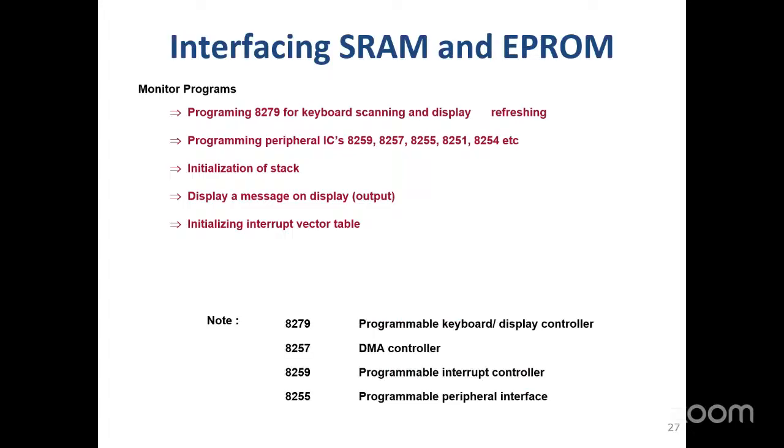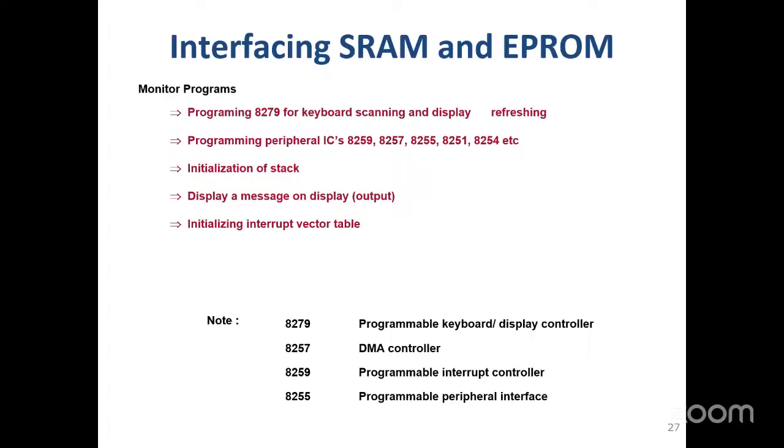This is not required. Now we will discuss the interfacing devices: programmable read-only memory, DMA controller, programmable interrupt controller, and programmable peripheral interface. This one we already studied. Now we'll discuss the 8257 DMA controller and 8259 programmable interrupt controller. 8227 is not in our syllabus.